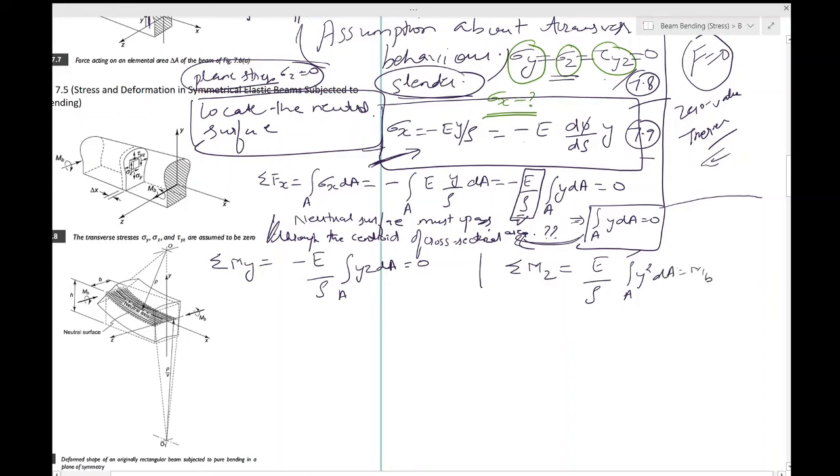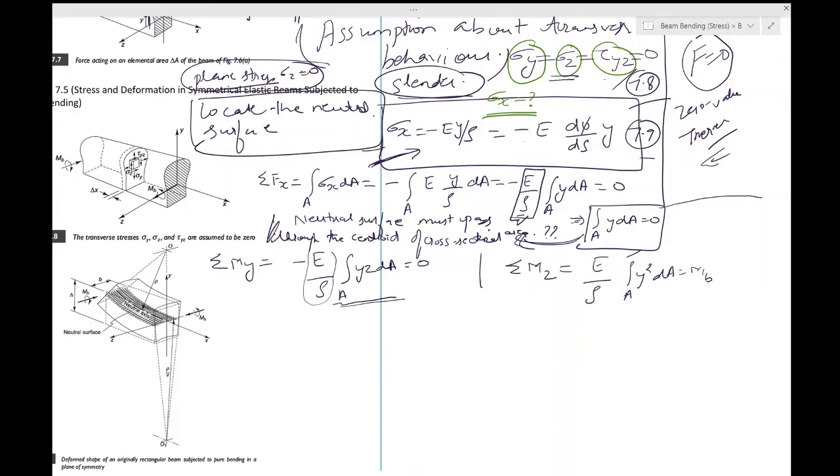Now let's see this integral. The same argument applies: if the bending is happening, in the sense that the curvature is not 0, E by rho is not 0, then the only possibility is that this is 0. This means that, because of the symmetry of the cross section with respect to the axial plane, the second of 7.7 is satisfied.